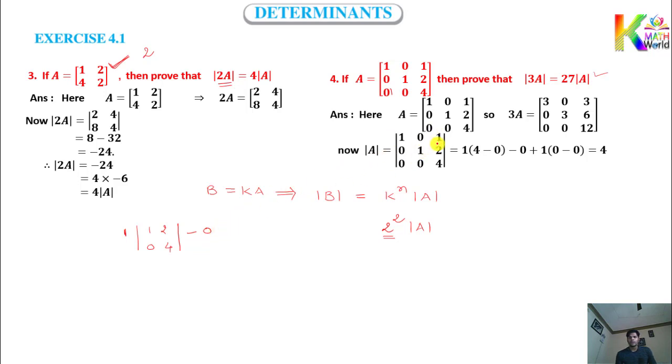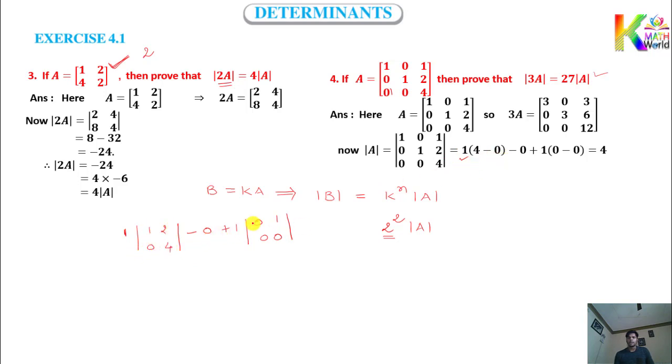Then what is your last element? Plus 1, which lies in first row, last column. So eliminate first row, last column. What is left? Put that into a 2 by 2 determinant: 0 1 0 0. The product of this one is 4 minus 0.